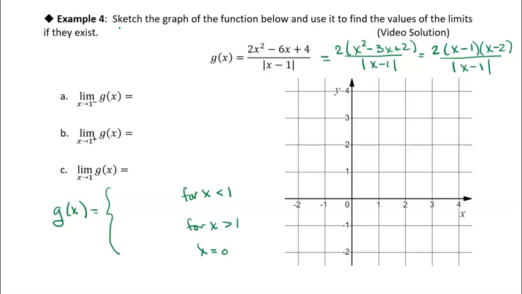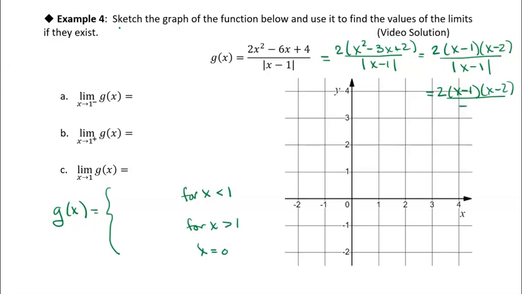So if x is less than 1, then you can see the x minus 1 will be negative up here in the denominator. I'm going to rewrite this for the case where x minus 1 is less than 0: 2 times x minus 1, x minus 2. If x is less than 1, then x minus 1 will be negative, and we have to change the sign of it.